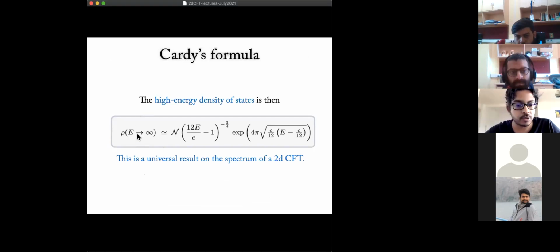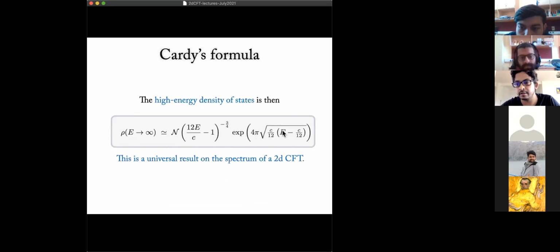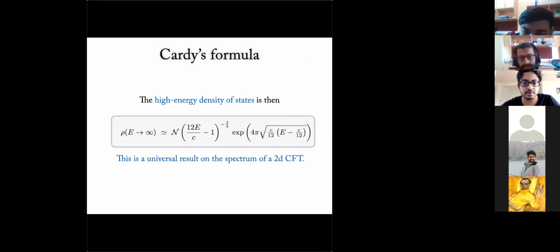So we see that the density of states at high energies grows exponentially, and there is a square root of E in the exponent. This is a celebrated result, which is called the Cardy formula. And it's a very strong and universal statement on the spectrum of any two-dimensional conformal field theory.